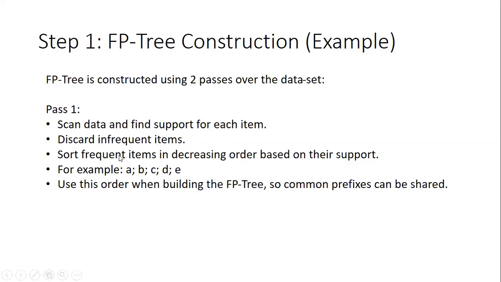The next thing we have to do in FP growth is very important to remember. After doing these two things, we take only the frequent items and we sort them in decreasing order based on the support.